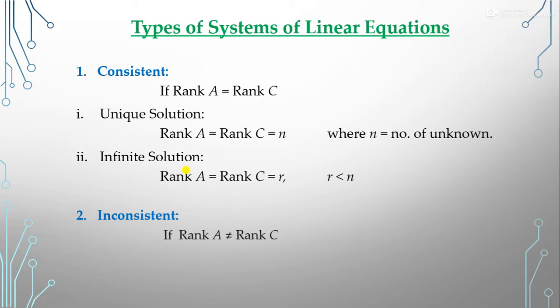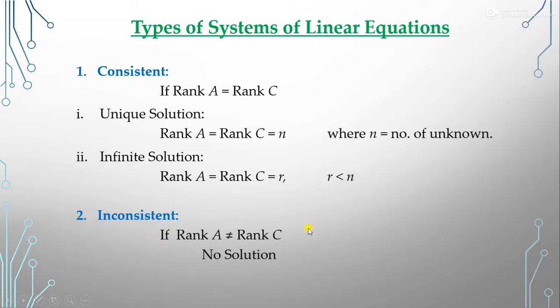And in an inconsistent system, when you find the rank of A and C, rank A is not equal to rank C. If you find that rank A is not equal to rank C, you can directly say that you have no solution of the system and the system is inconsistent.